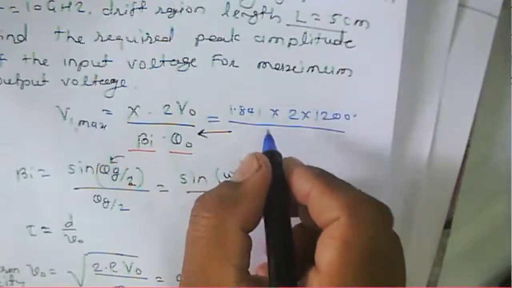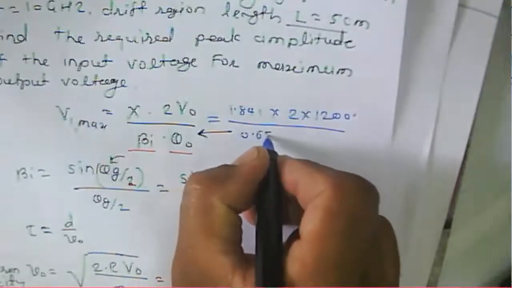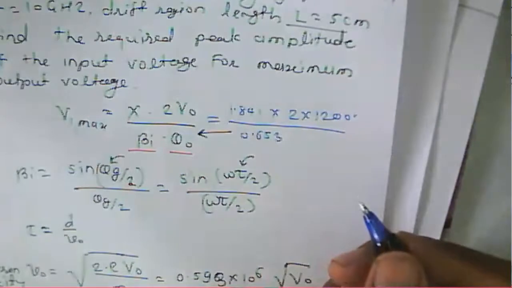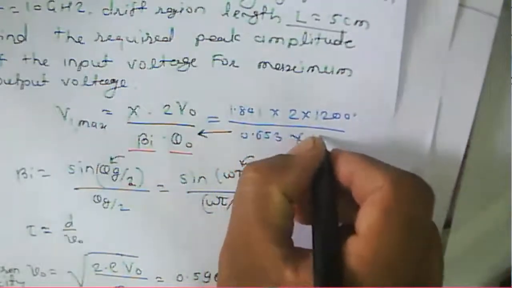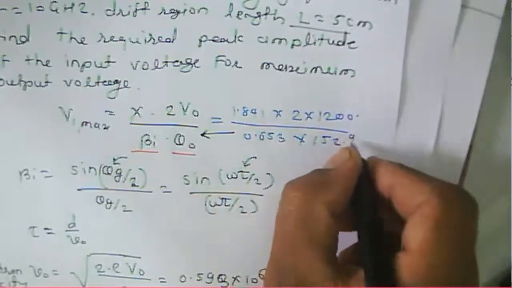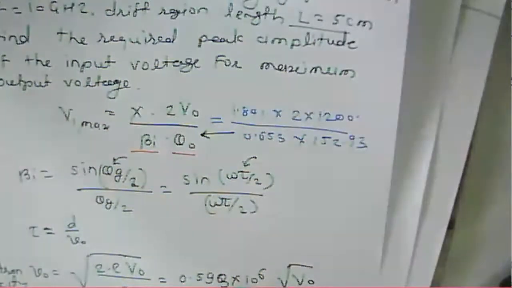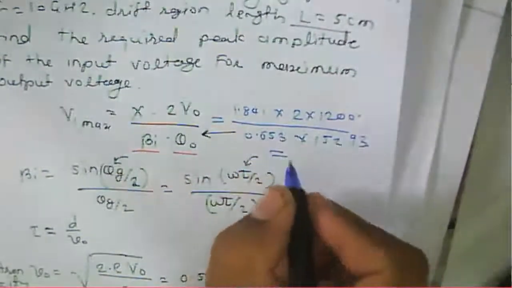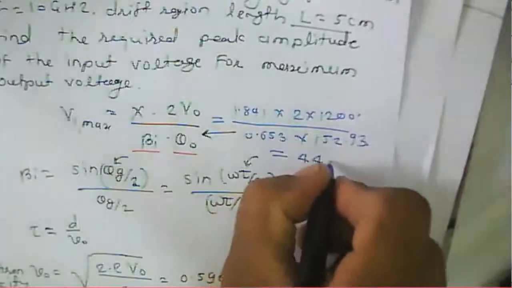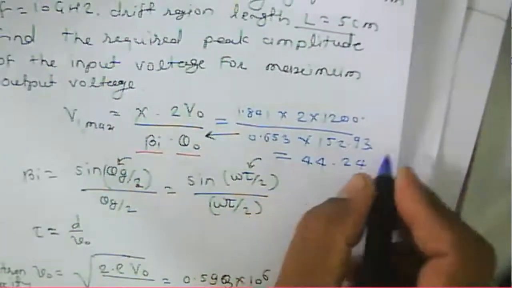Beta I is equal to 0.653 and theta 0 is equal to 152.93 radian. So after solving this, we'll get the answer of about 44.24 volt.